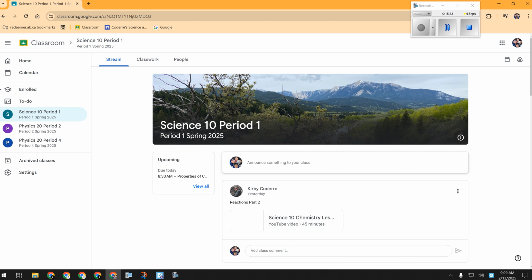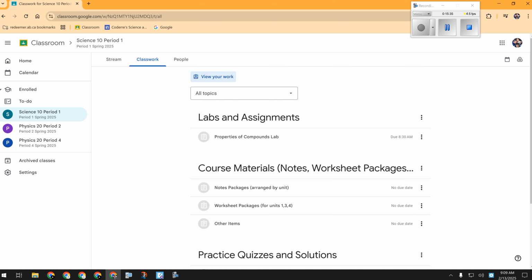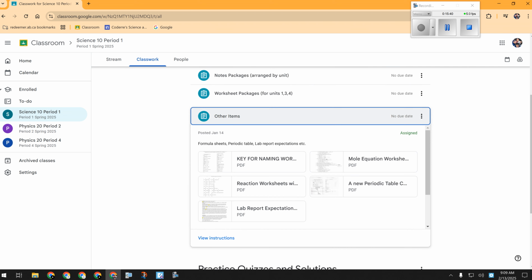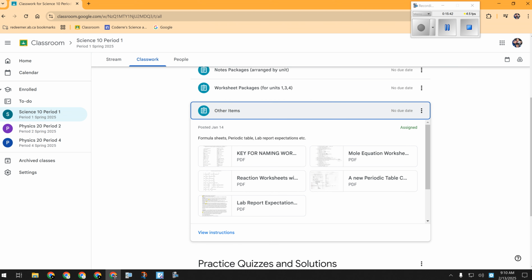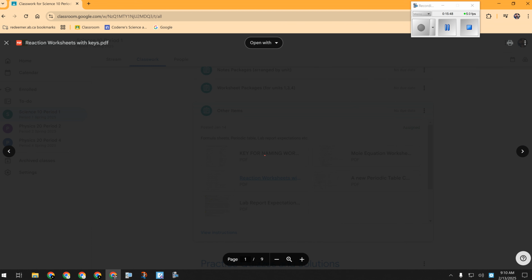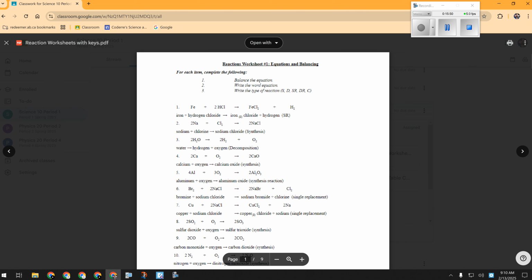So if you go in here, okay, and you go to classwork, and you go to other items here, key for all the naming worksheets, reaction worksheets with keys, okay, so if you went in there, okay, it would bring up a PDF, and that's the one we're about to work on right now. There's all the answers, so you can check your work as you go.